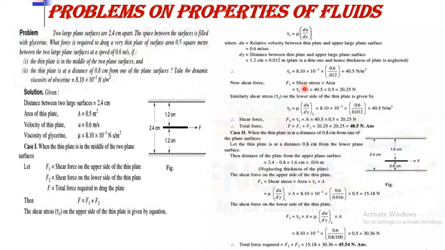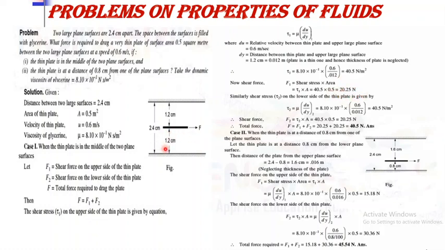Using the formula stress equals force upon area, by rearranging the terms, force equals shear stress into area, that is tau 1 into A. The value of tau 1 is 40.5, into the cross sectional area of the plate, 0.5 meter square. So the top force is equal to 20.25 Newton. This is the value of the top force.